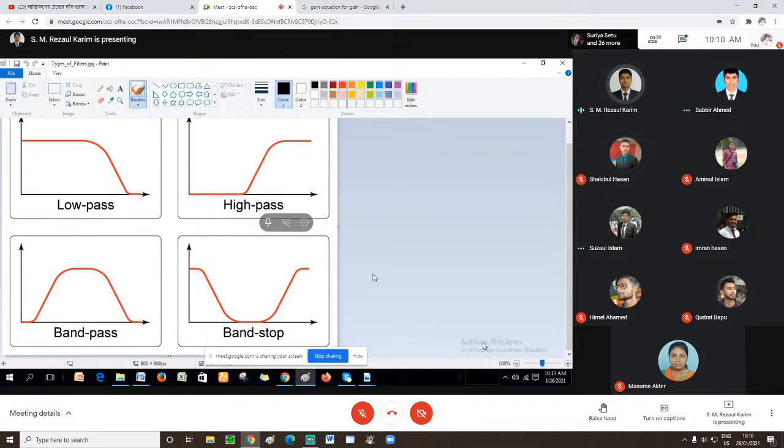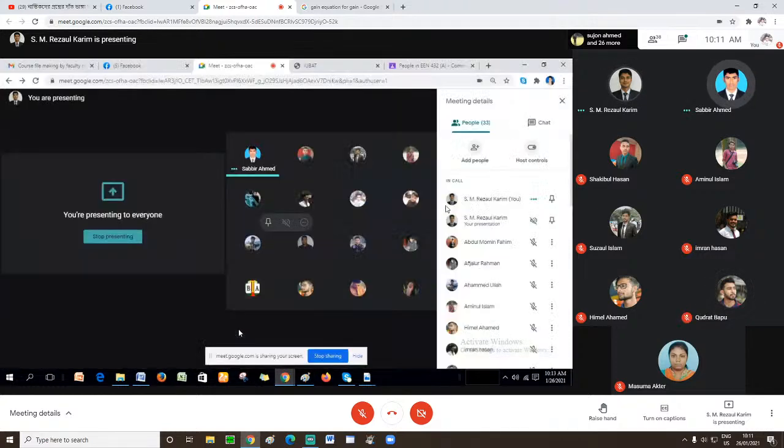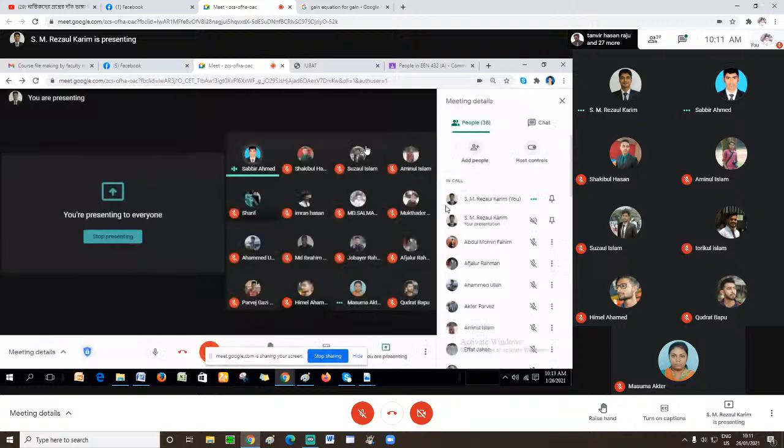What is the meaning you can express from these four? So these are basically the representation of filtering based on cutoff frequency, right? Yes, sir.